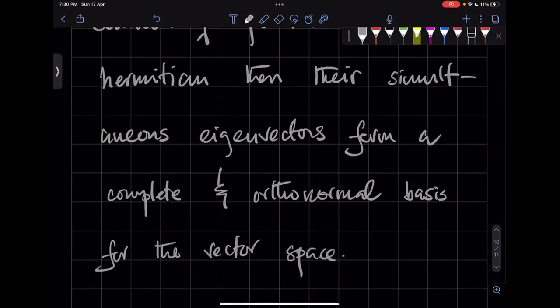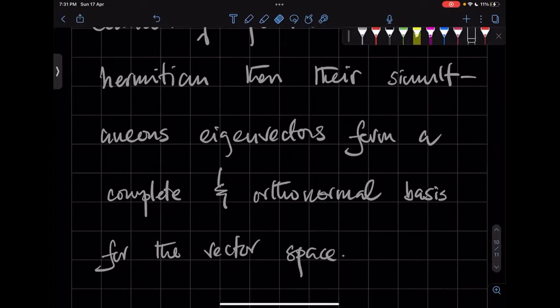Did you learn this theorem in your linear algebra course, or at least come across the statement in your quantum mechanics course? I know that in my quantum mechanics course I emphasize this, although I never prove it because of shortness of time.